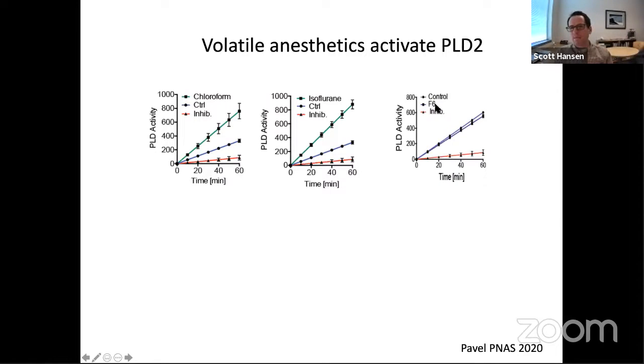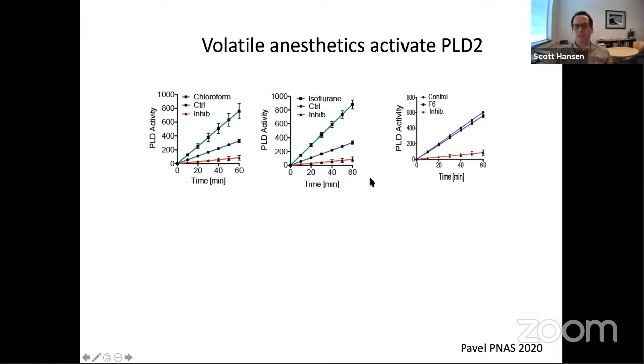We also tested a compound called F6, a volatile molecule that disobeys the Overton-Meyer rule. It doesn't seem to activate, at least not at the concentration that Overton and Meyer predicted. It doesn't cause anesthesia, and we didn't see activation of PLD.